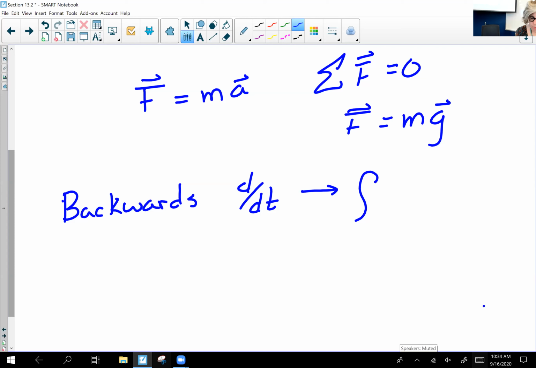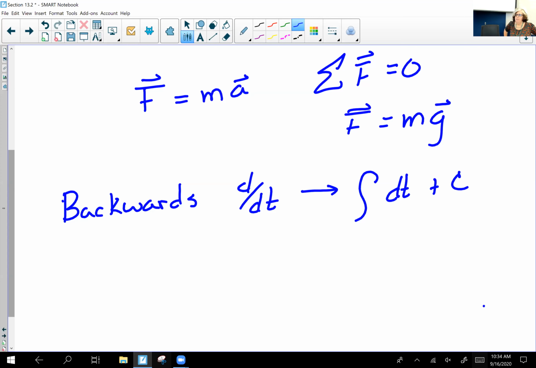Okay, so then we're going to integrate. One of the things you will have to be able to do, though, is whenever you integrate, you need to add c, correct? When we integrate vectors, your c is going to be a vector.